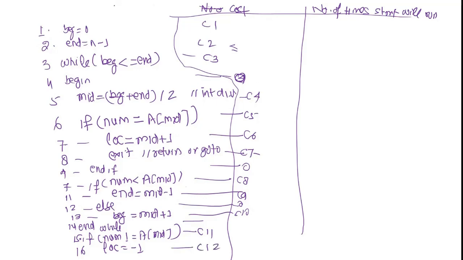So this is the cost. That is, there is some operation, beginning is equal to 0. In this statement some operation is involved, and suppose it is taking C1 time, constant time. Okay, so this is the cost.